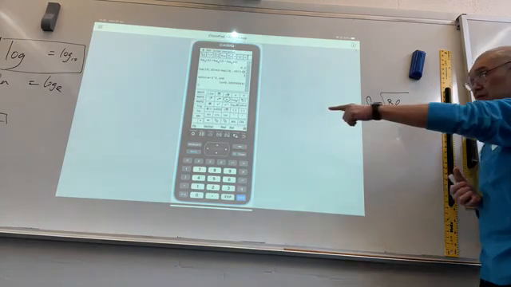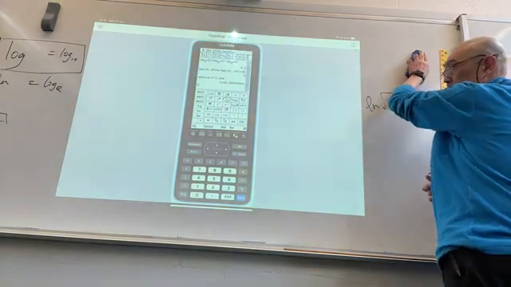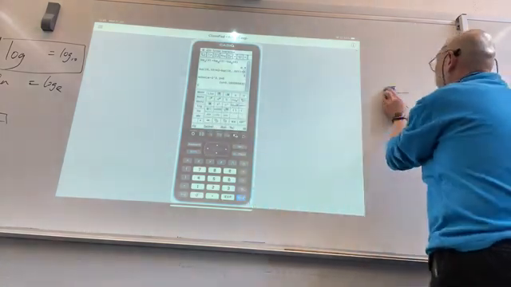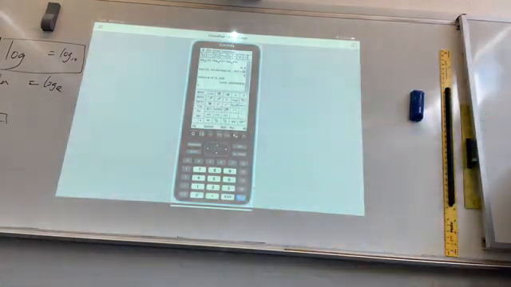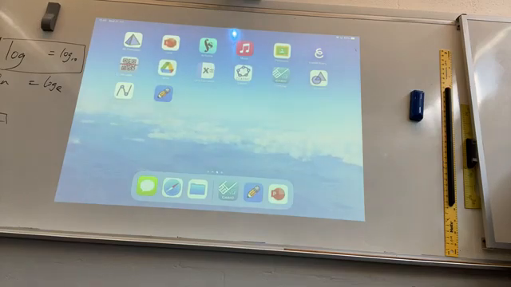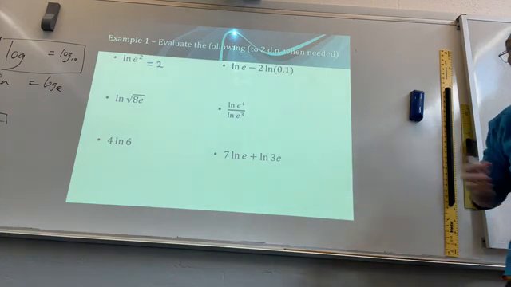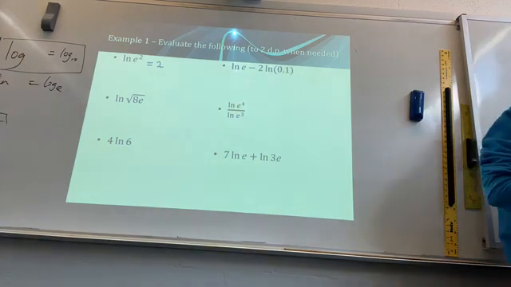That is natural log. So you should be able to work out the natural log of square root of 8e.